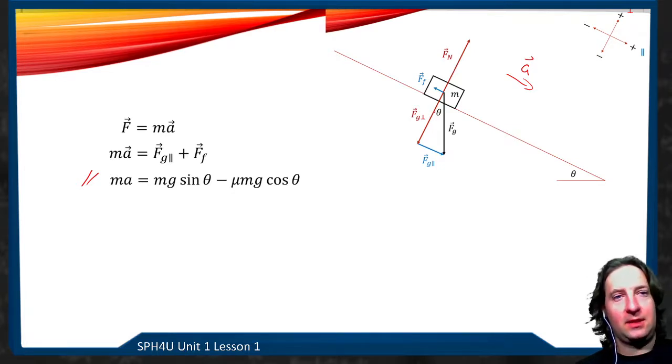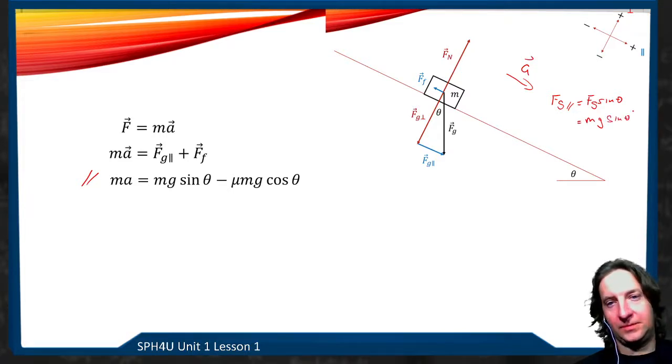We said that this FG down here is going to be, let's go back here. We know FG parallel is going to be FG sine theta, and Fg itself, the force of gravity acting on this thing, is going to be mass times acceleration due to gravity, so mg sine theta.